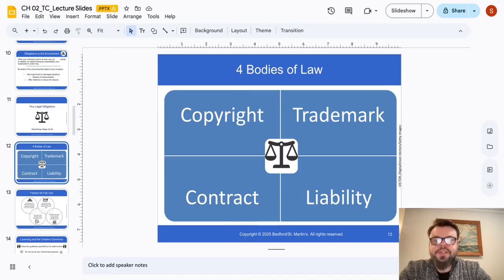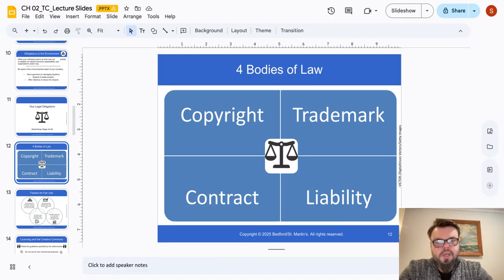Trademark law protects names, logos, and symbols that identify companies and products. Contract law deals with promises and agreements, especially warranties and claims about what products or services can do. And liability law focuses on responsibility for harm, especially whether users were adequately warned and instructed.